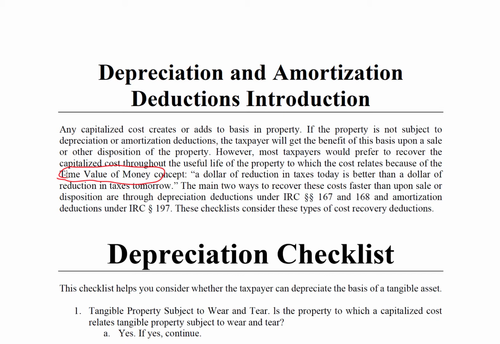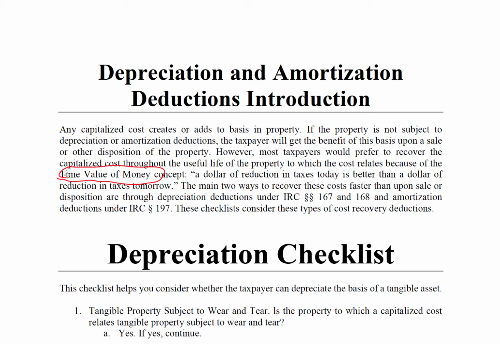It's the concept that you have the ability to use that money and get interest, some type of earnings off it. That's time value of money. Now, obviously, I'm assuming that the rates haven't changed and other considerations haven't changed. We're just saying that if you could get the same dollar on a tax return, or an actual dollar back from the government, today, or the same dollar tomorrow or in the future, you'd rather have the dollar today.